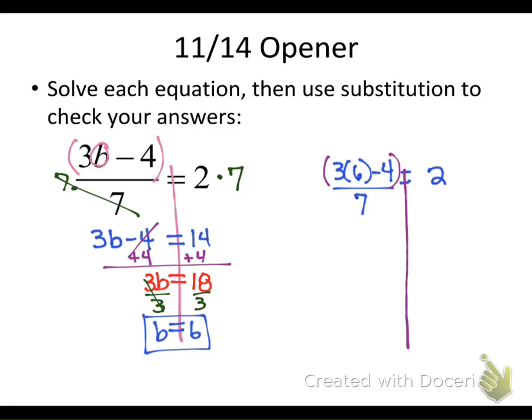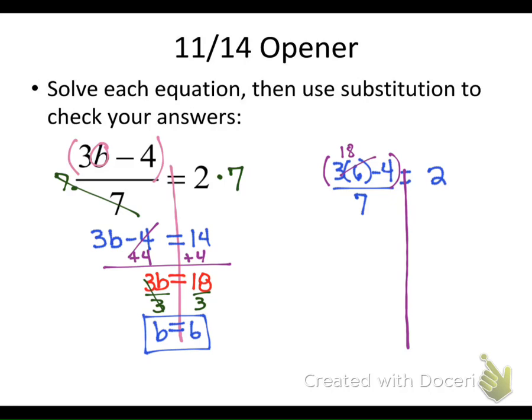So you said 3 times 6, which is? 18. Okay, so I'm just going to cross out like this. And then what? Multiply by 4. So we did 3 times 6, and we got 18. So what do I have left in my parentheses here? Negative 4. So 18 minus 4.